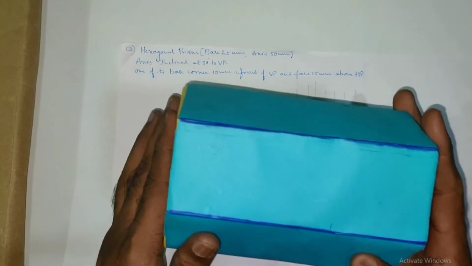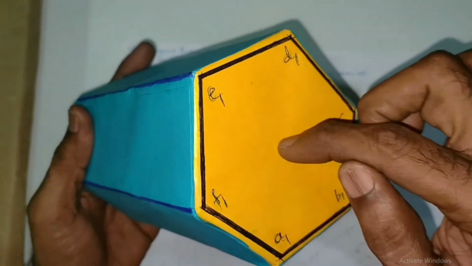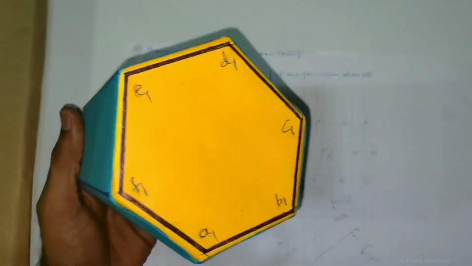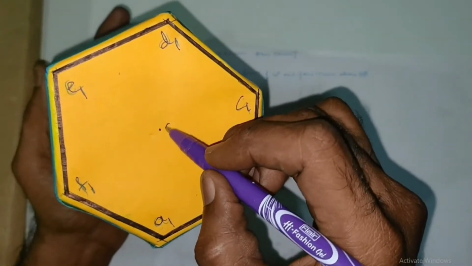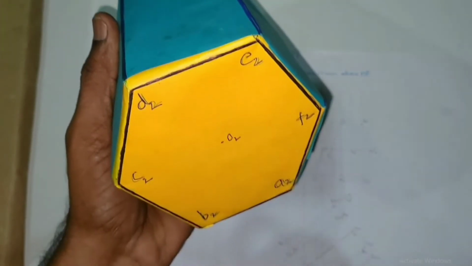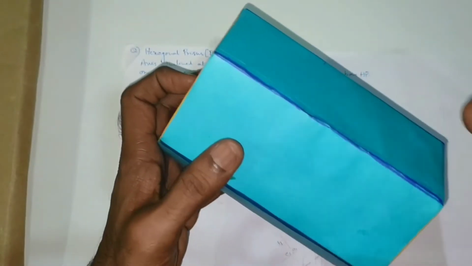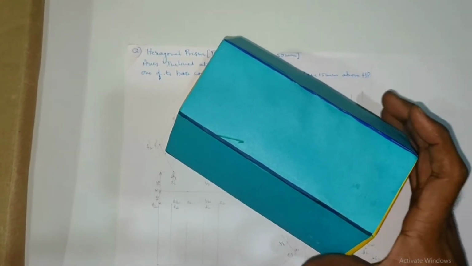First of all, let us say this is the prism we are going to consider, and the axis will be passing through the center, and let us mark the axis here. Say this is the center of this prism, this is O1 and this is O2. So the axis exactly passes through this center, and the prism is positioned such that it makes an angle of 30 degrees with respect to the vertical plane.